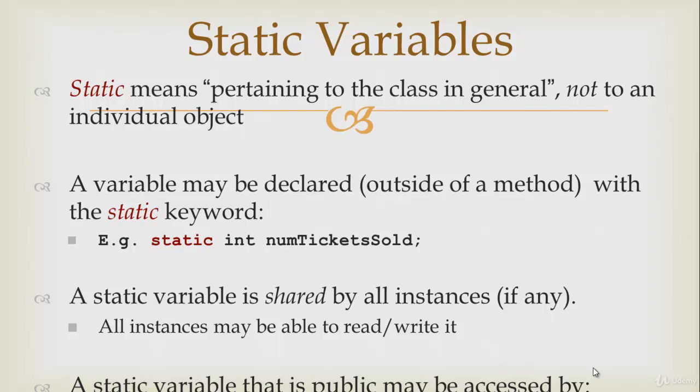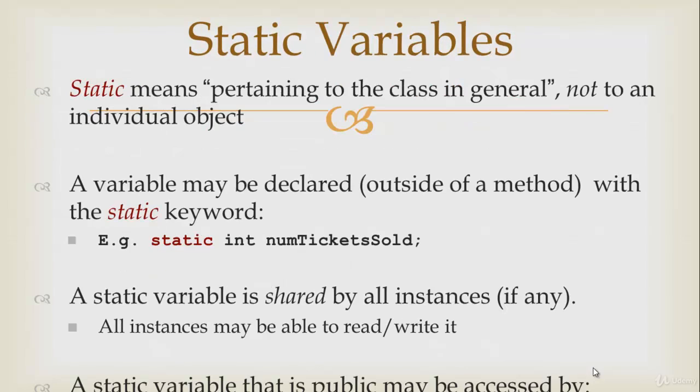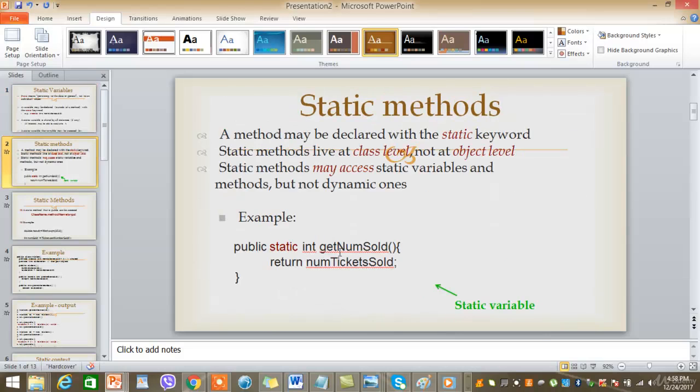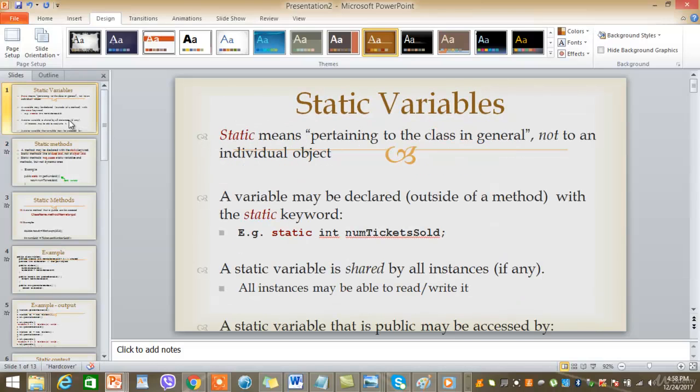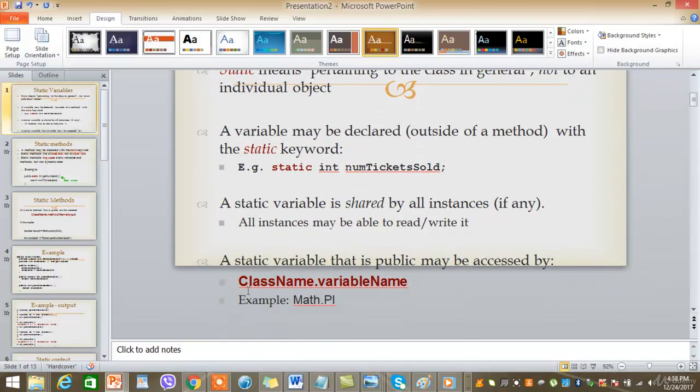A static variable that is public may be accessed by class name dot variable name, for example Math.PI.